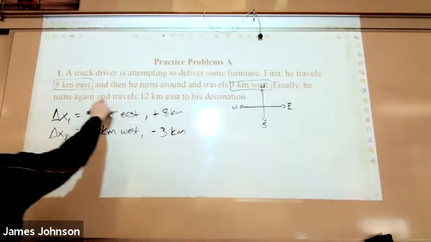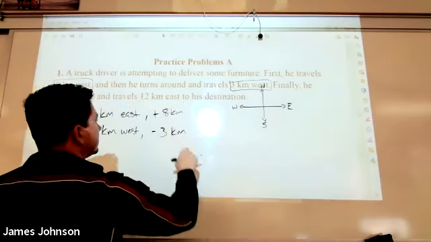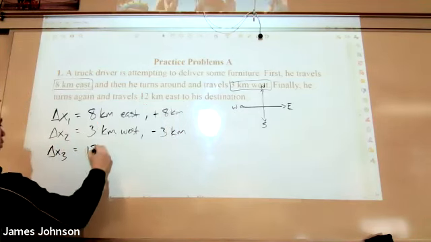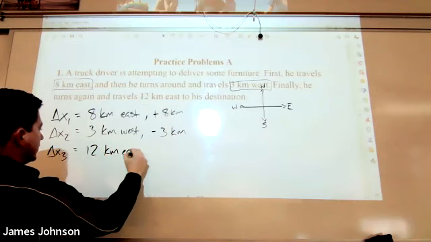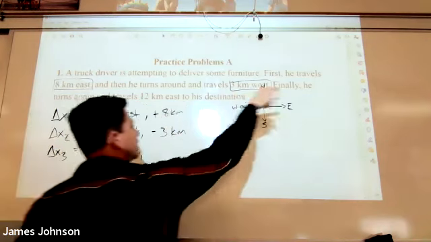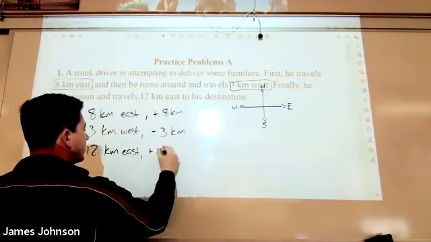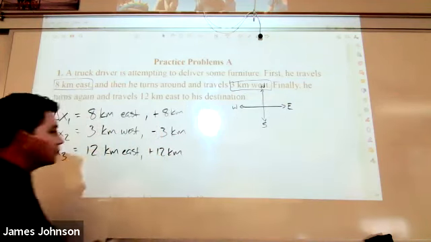Finally, he turns again and travels 12 kilometers east. Again, as we've defined on this coordinate system, that would be positive 12 kilometers.